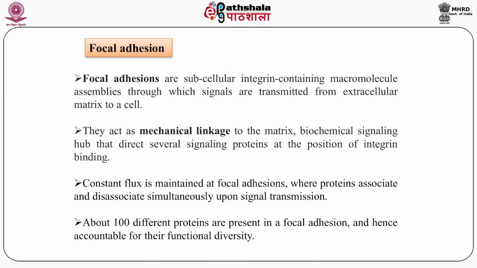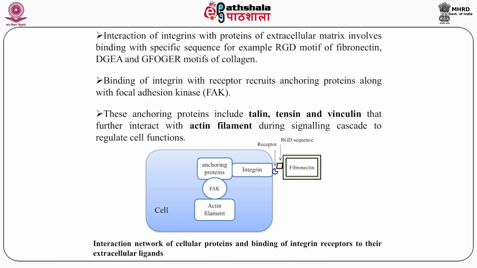A state of constant flux is maintained at focal adhesions, where proteins associate and dissociate simultaneously. Upon signal transmission, about 100 different proteins are present in a focal adhesion and hence are accountable for its functional diversity.